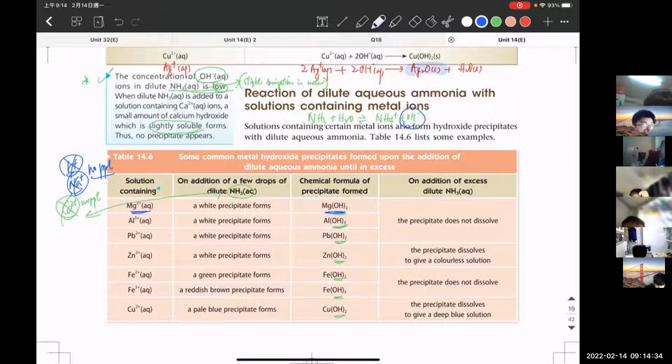But the more complicated way is to take a look at the word. How about in excess ammonia? So the observation, please compare this one with page 18. What is the difference? Can you highlight for me which one is different?